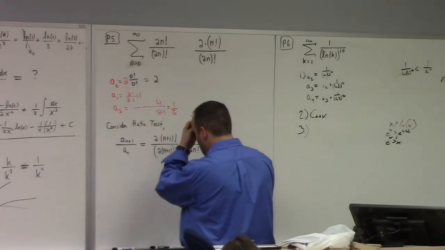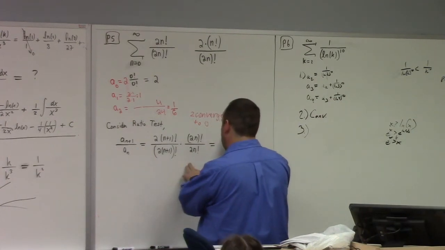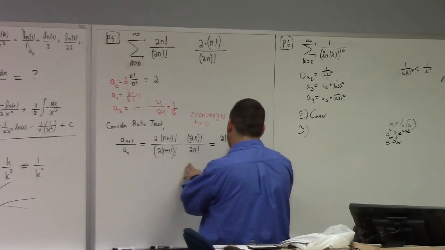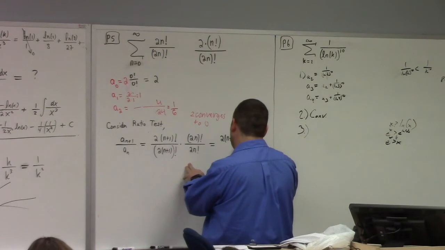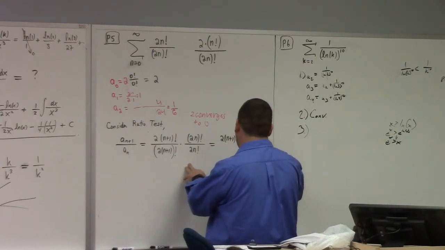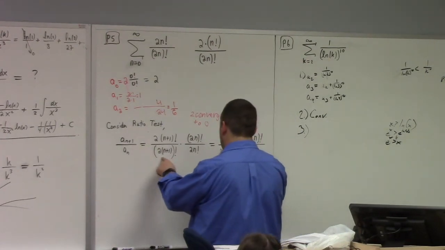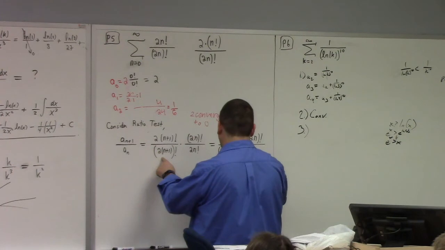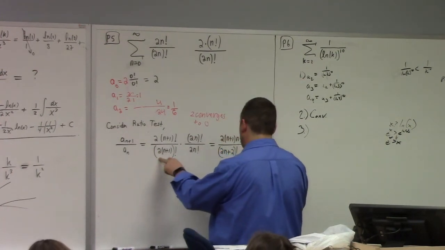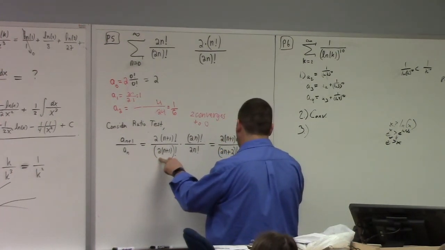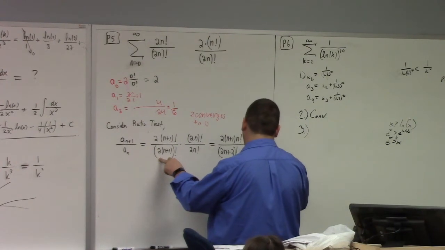So what you're looking at here is 2 times n plus 1 times n factorial times parentheses 2n factorial. This down here would be 2n plus 2 factorial, and then times 2 times n factorial.